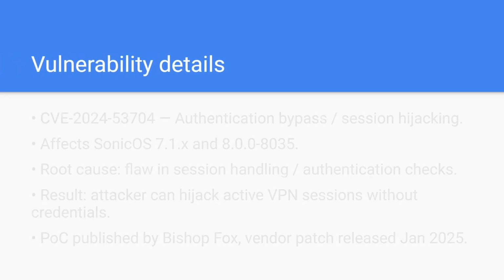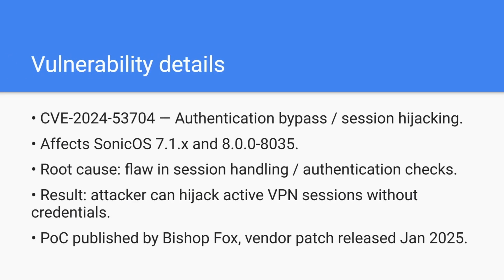Now I'll dig into the vulnerability details. The issue is tracked as CVE-2024-53704, and is classified as an authentication bypass that enables session hijacking in SonicWall's SSL VPN. It affects multiple SonicOS releases, specifically 7.1.x and certain 8.0.0 builds, such as 8035.